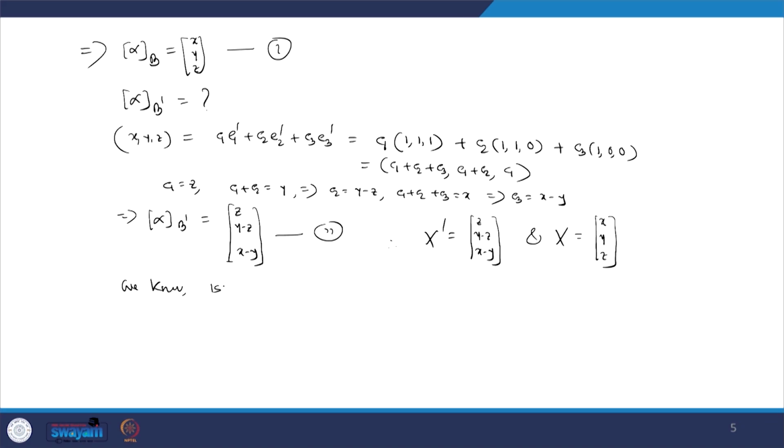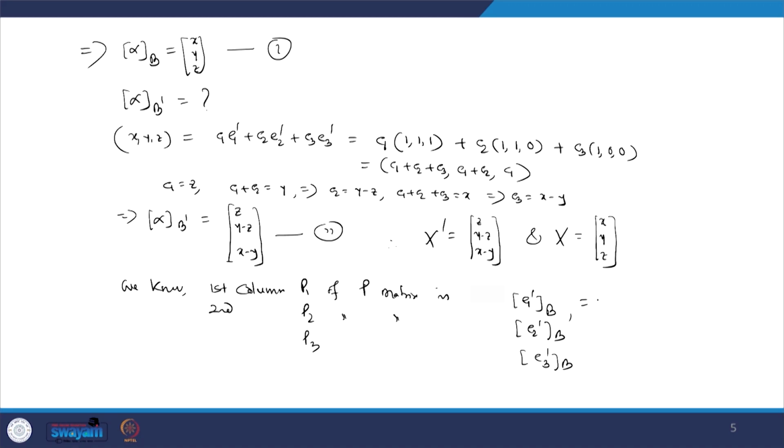the first column P1 of the P matrix is the coordinate matrix of E1 prime with respect to ordered basis B. That will be my first column of P, and the second column P2 of P will be the coordinate matrix of E2 prime, and similarly P3 for E3 prime.